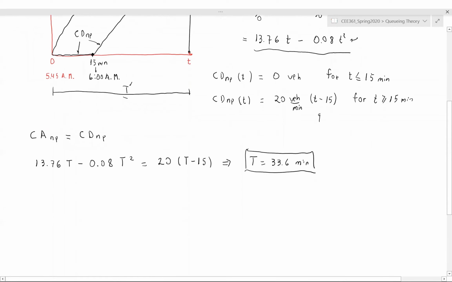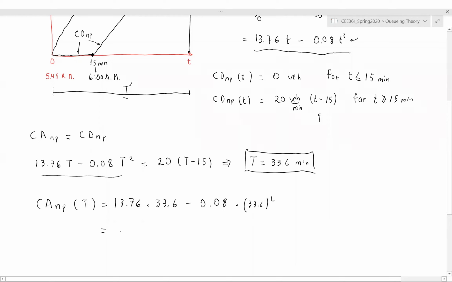So now to get the total number of non-priority pass vehicles that were in a queue, we just plug that value into this expression. So we get cumulative arrivals of non-priority pass vehicles at time t is 13.76 times 33.6 minus 0.08 times 33.6 squared, and that gives me a total of 372.02.